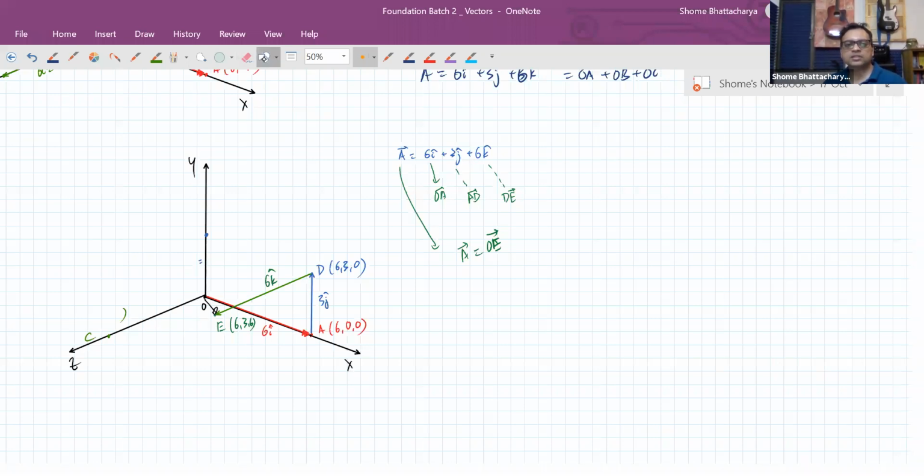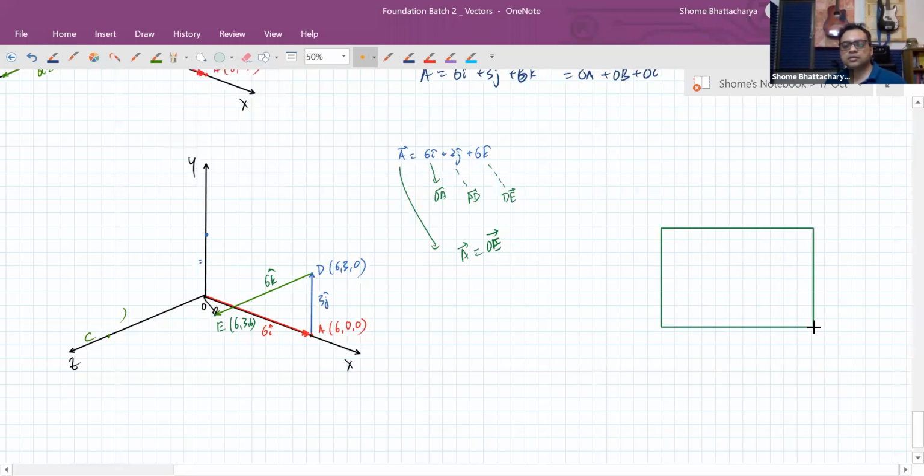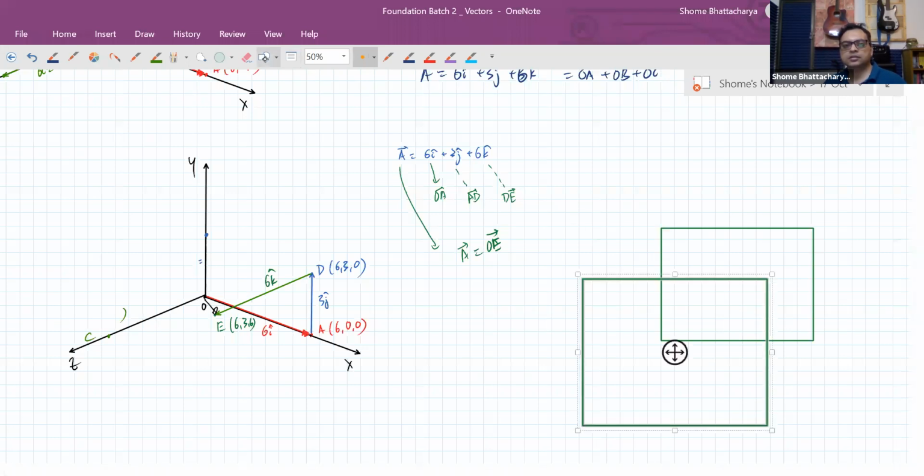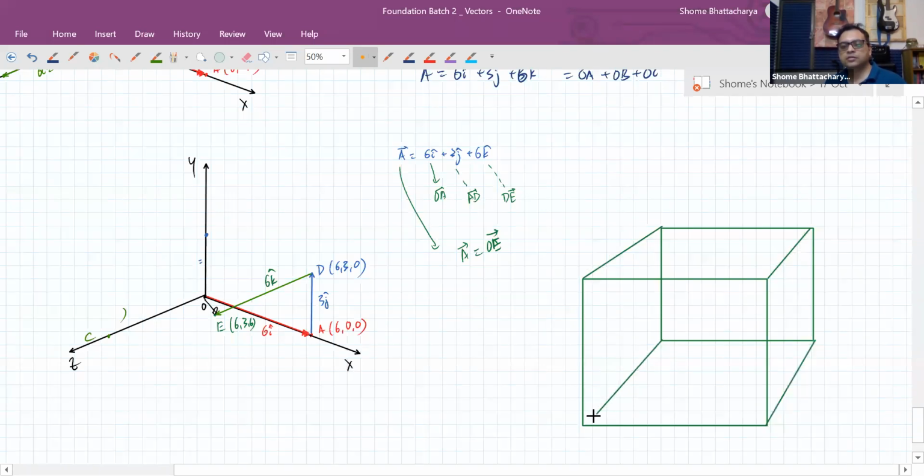Another way we could construct this is to visualize again the situation we discussed, a cuboid. In this cuboid, take this point as your origin and this as your x-axis, y-axis, and z-axis. This point is our point A, let's say.